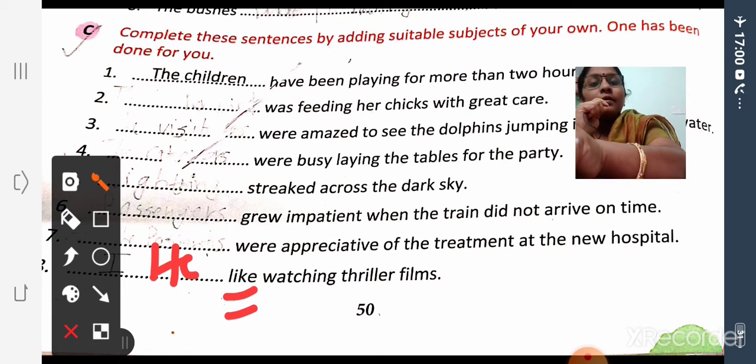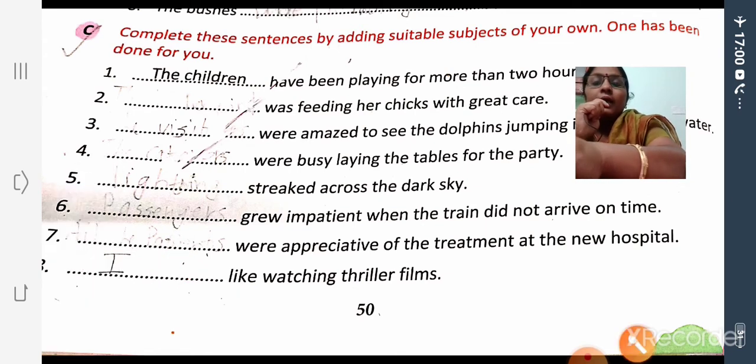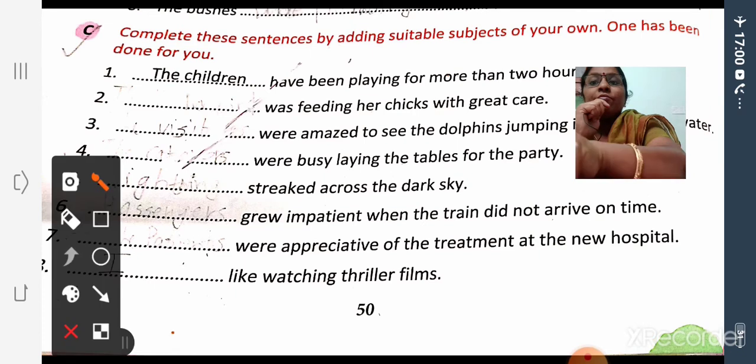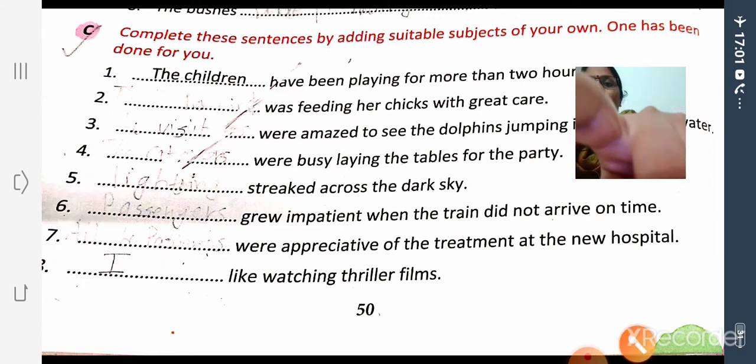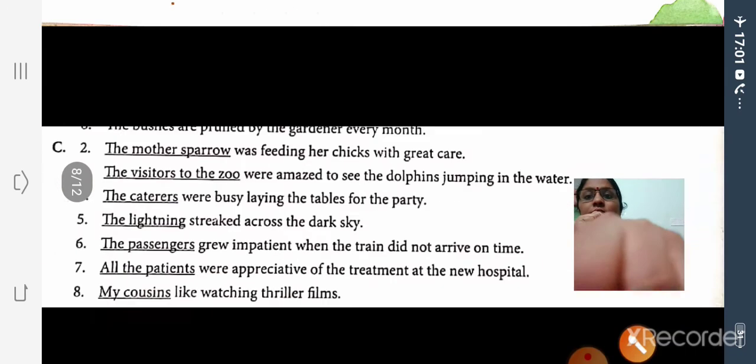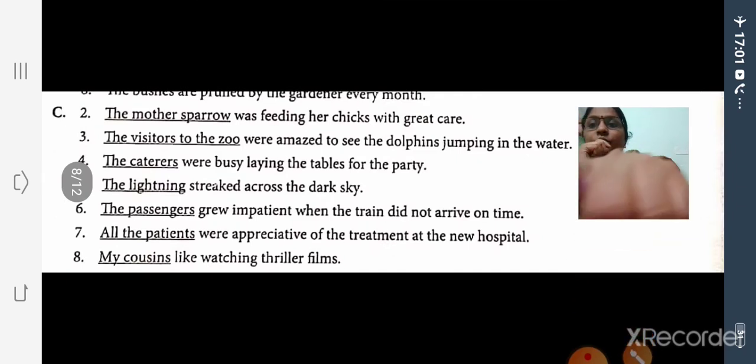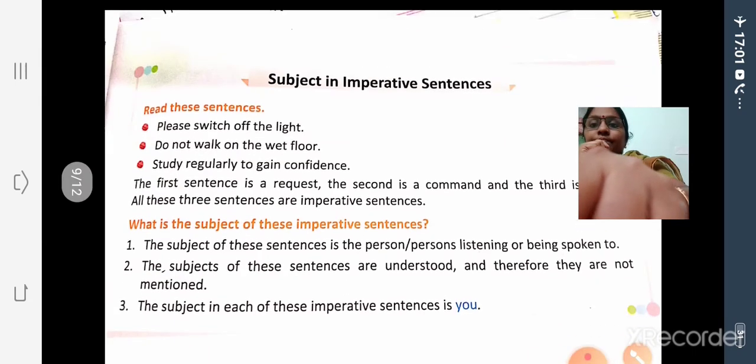Either the pronoun I, or plural subjects you can write here. Then my friends like watching thriller films. My friends, my brothers, my cousins, etc. you can write here. So, my cousins like watching thriller films. Make use of this answer key.